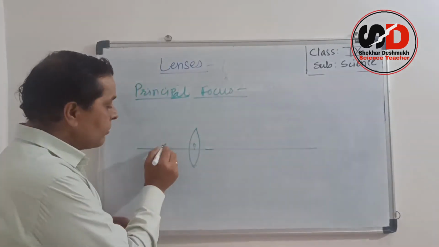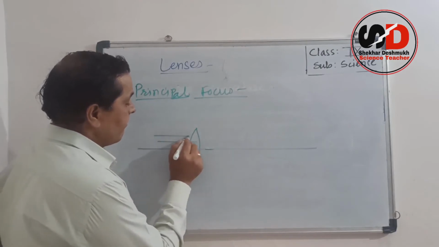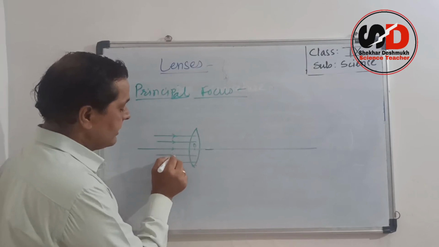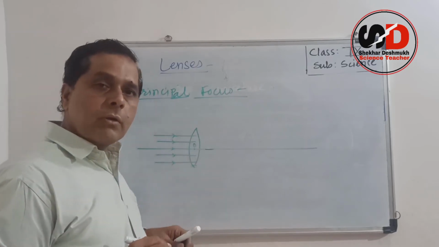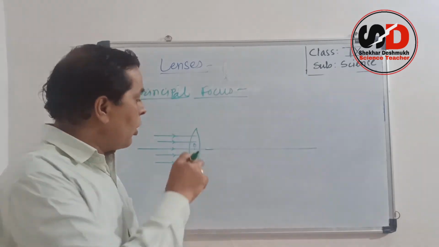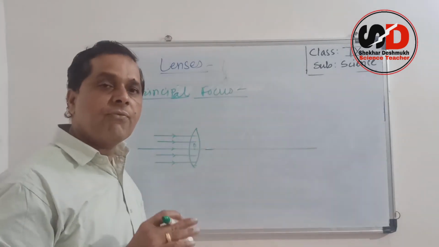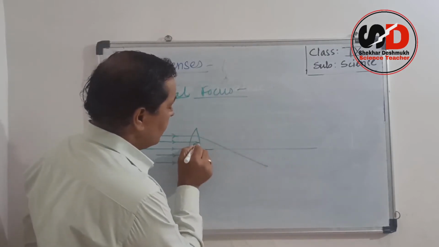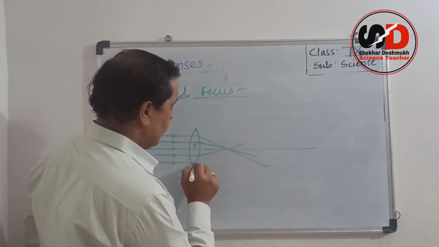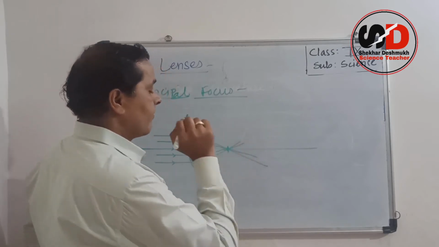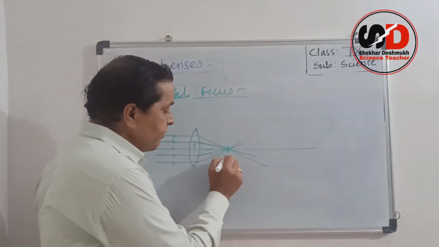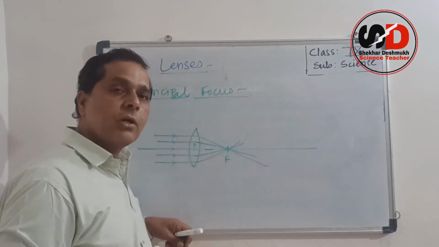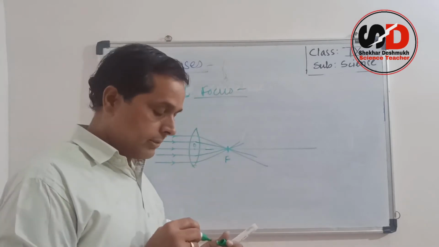Light rays parallel to the principal axis and incident on the convex lens converge in a point after refraction, and this point is called the principal focus of the convex lens.